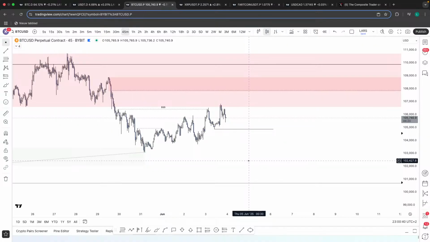So when you are not completely sure, don't force anything. Make sure you have your bias correct, what you're expecting the market overall to do, by prioritizing Bitcoin and the relationship with Bitcoin to altcoins. And then you wait for your high probability models to develop, and you want to take the models where it's like, yep, this is the trade, no hesitation, just execution, and you stick to the plan.